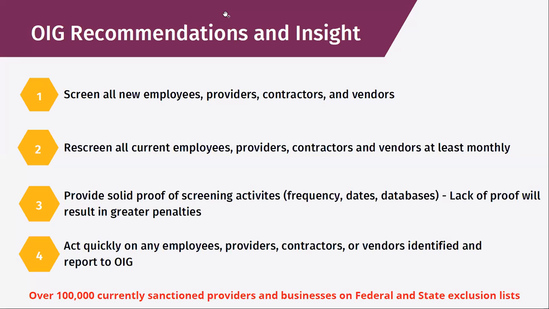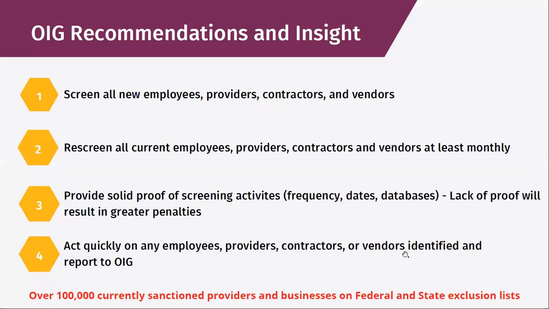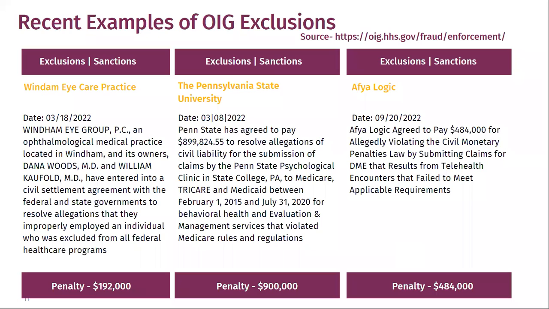I see a number of folks are continuing to open, so I will just move over for a minute before I end the poll. But to show you some recent examples, as you know, this is happening regularly. These are just a few examples.